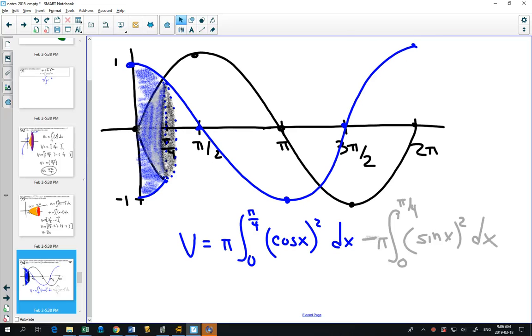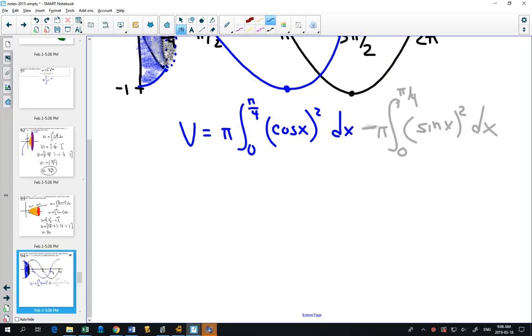However, if we use the properties of algebra, I could factor a pi out of the whole thing. Can you see that? There's a pi in common in both those terms. And then I would just get one integral minus another integral.